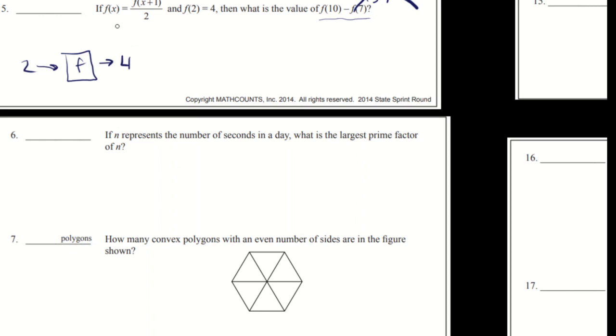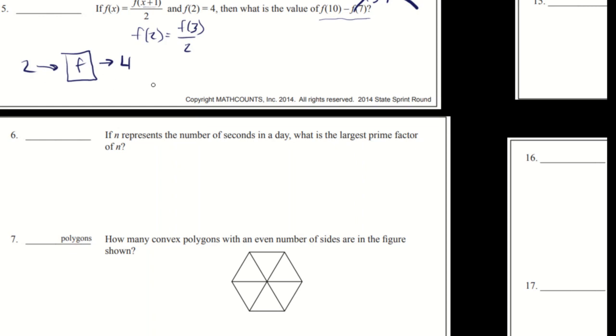And from this formula we could say, what if we stuck in the next bigger number, x plus 1? That would be 3. If we stuck in 3, this formula tells us that f of 2 is equal to f of 3 divided by 2. And f of 2 is 4.